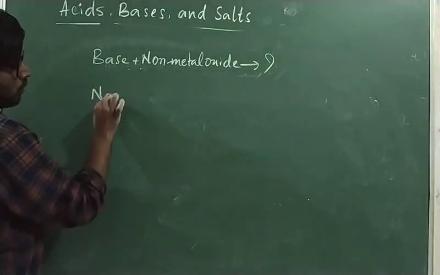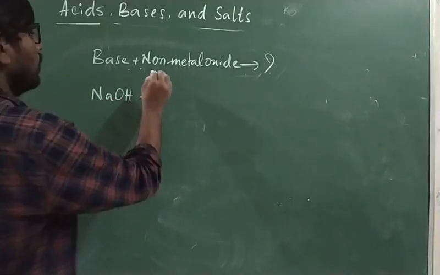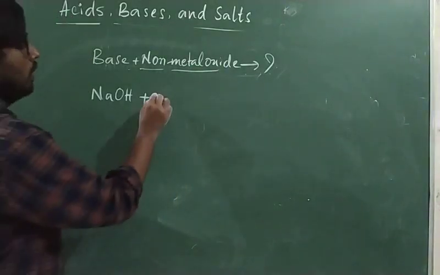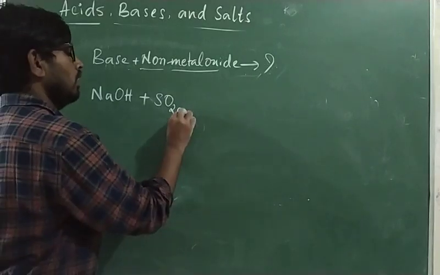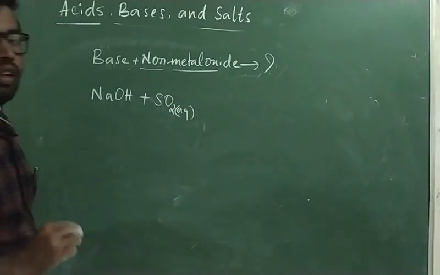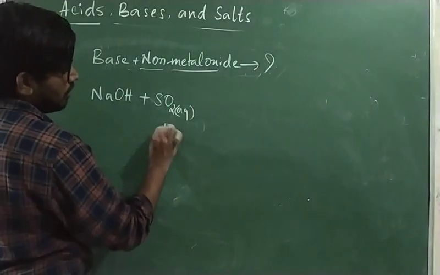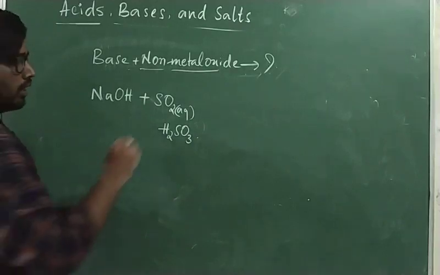Sodium hydroxide I will take. Okay, non-metal oxide means what will I take? Example for non-metal oxide, I will take sulfur dioxide. Sulfur dioxide in the aqueous state means what will I get? I will get H2SO3, sulfurous acid I will get.